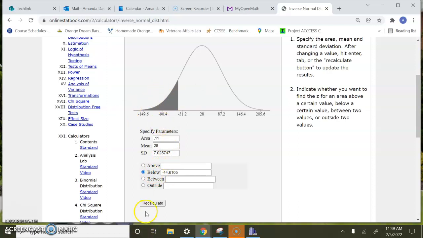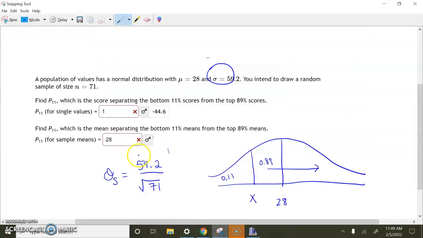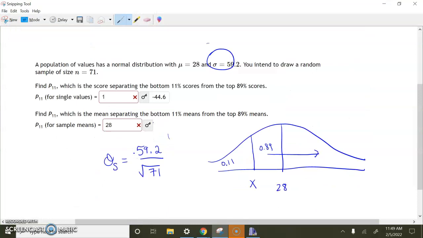We're still looking for 11% below, and the mean is still 28. This time I have 19.4, rounding to 1 decimal place. That's our cutoff in the case of sample means.